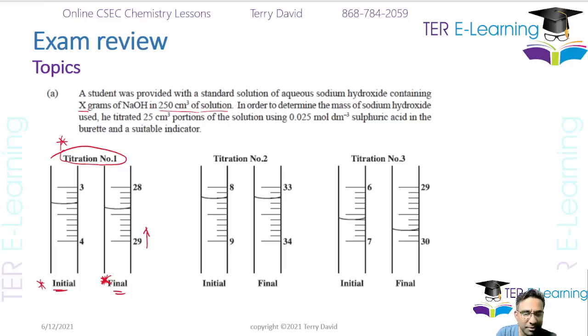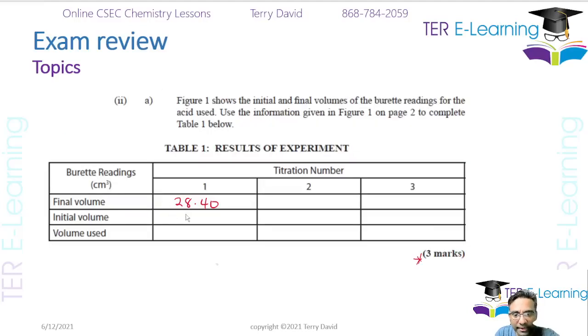I see you all gave it to 2 decimal places, so get into the habit of doing that. So this here is 3.1, 3.2, 3.3. So it's 3.30. To figure out the volume used, you're going to take 28.4 and subtract 3.3. What I'm going to get here is 25.1, so this here is 25.10. That's my reading for my first titration.